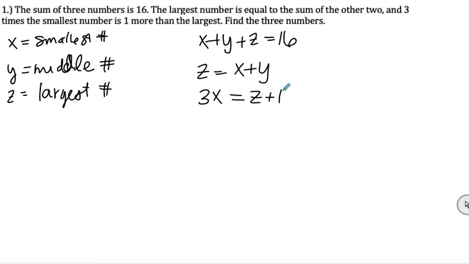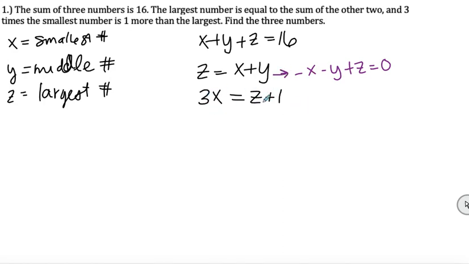I'd want to eliminate y so I could use that bottom equation. So remember that sometimes it's helpful to put these all in standard form. Okay, so for instance, this top equation, x, y, z. What if I did that with this bottom equation? Okay, I would subtract x over, subtract y over, so I would have negative x minus y plus z equals 0 then. So this would be equivalent to this equation here, okay?